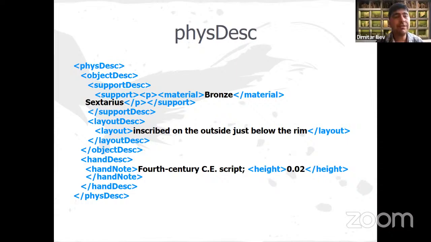And in the hand desc, you can have one or more hand notes, which describe the paleography of the monument. And the paleography of the monument also can be described in running text. Here you can include all the peculiarities of the text that you cannot fit anywhere else.